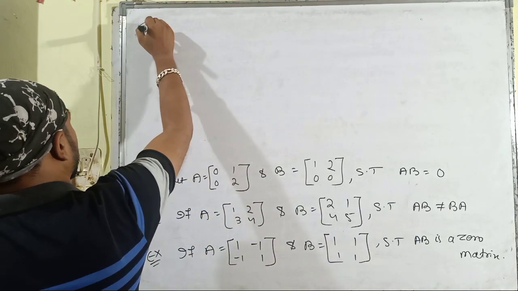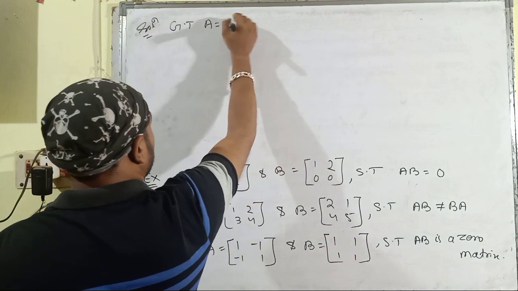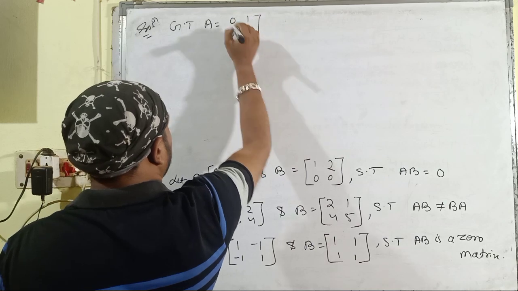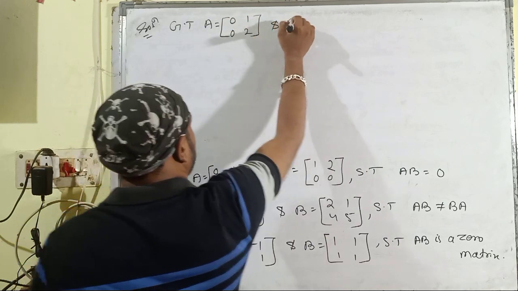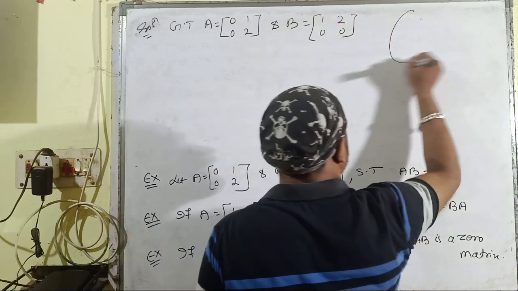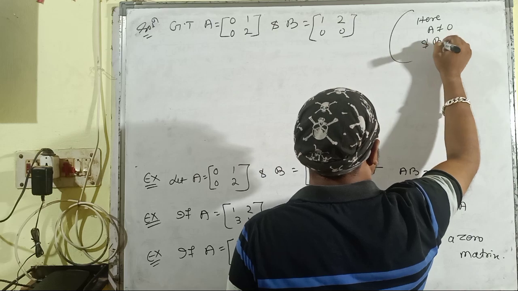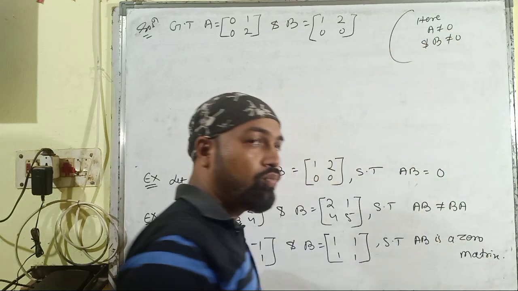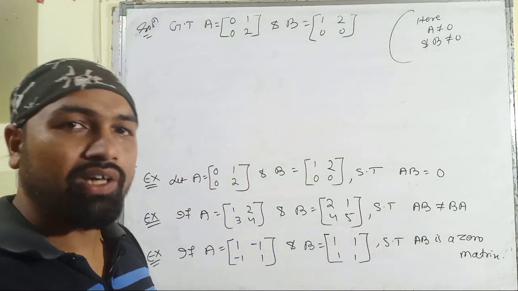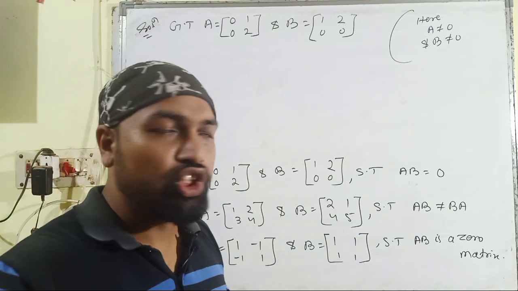Okay, here is the solution. Given that A is equal to [0, 1; 0, 2] and B is equal to [1, 2; 0, 0]. Here A is not equal to 0 and B is not equal to 0. That means both are not zero matrices, but we have to show that their multiplication will be a zero matrix.